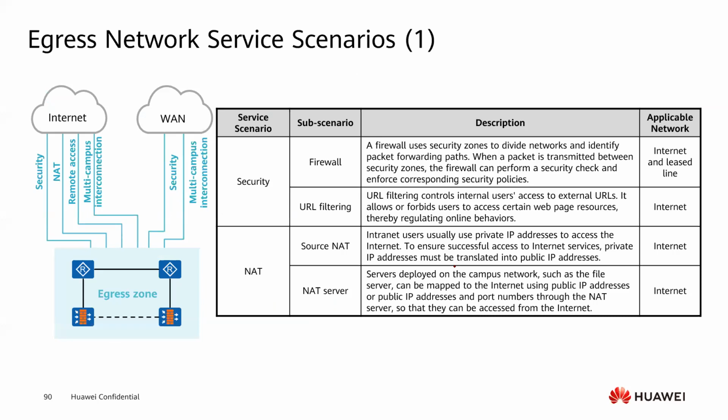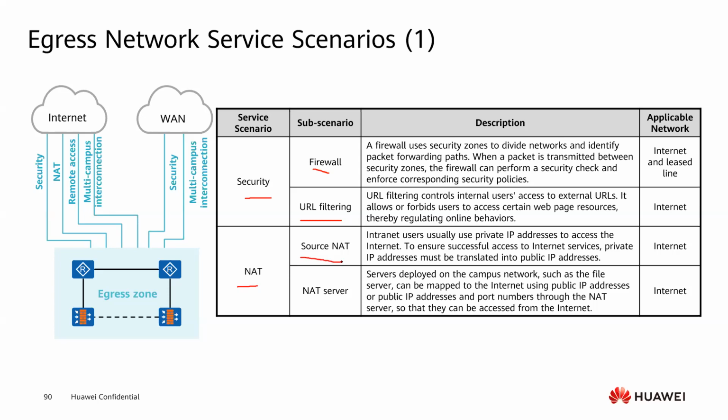And there are a lot of services that can be supported by the egress. First is security. You can deploy firewalls to do security policy and security control, and you can also use URL filtering to control internal users' access to external URLs. And because it's the egress zone, we can deploy NAT.